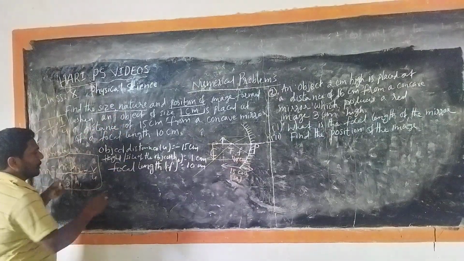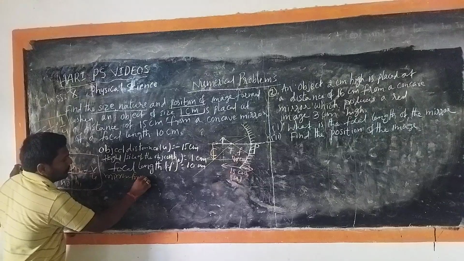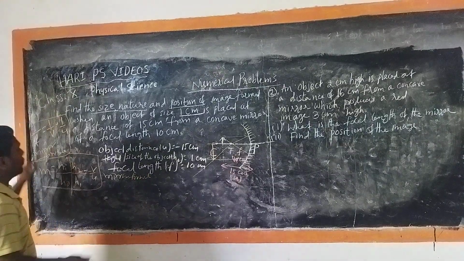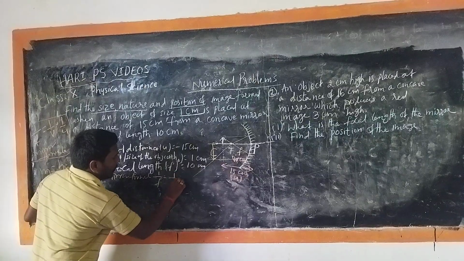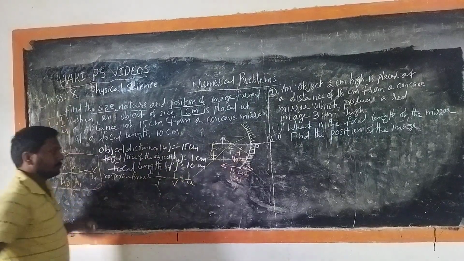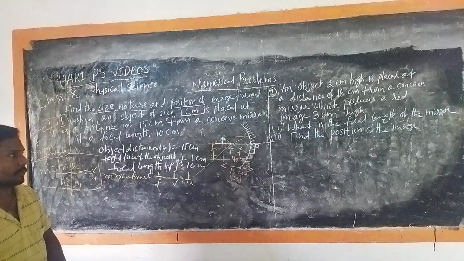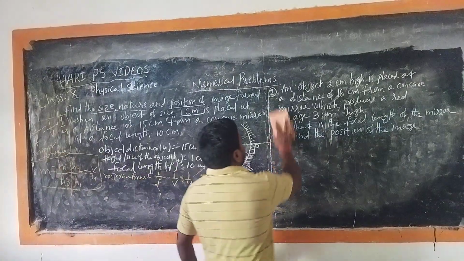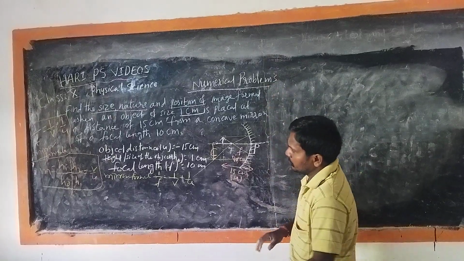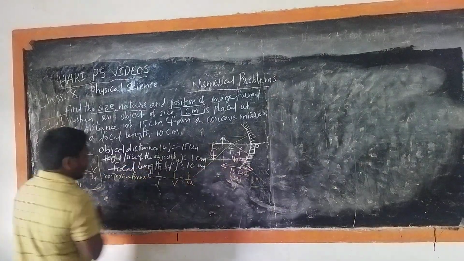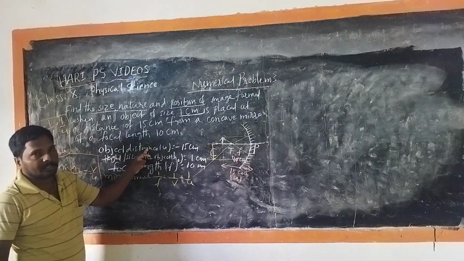Okay, mirror formula. What is the mirror formula? 1 by f equals 1 by v plus 1 by u. We know that. Whenever we observe the given values, f means focal length and u means object distance.